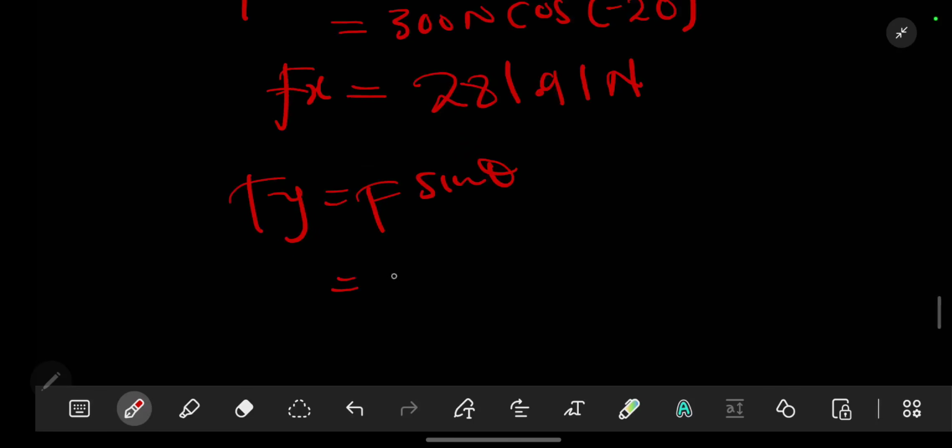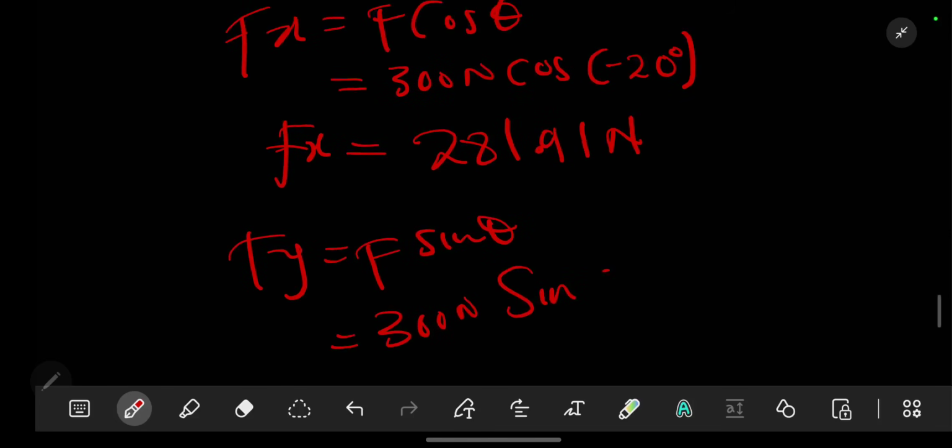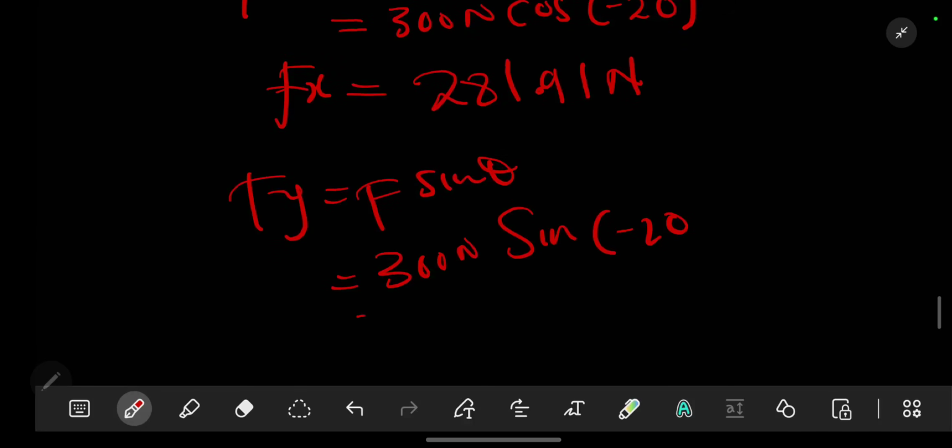So our F is 300 newtons, times the sine of our theta, which is negative 20. This is surely going to give us a negative, which will be, not cos but sine, 300 sine of negative 20.